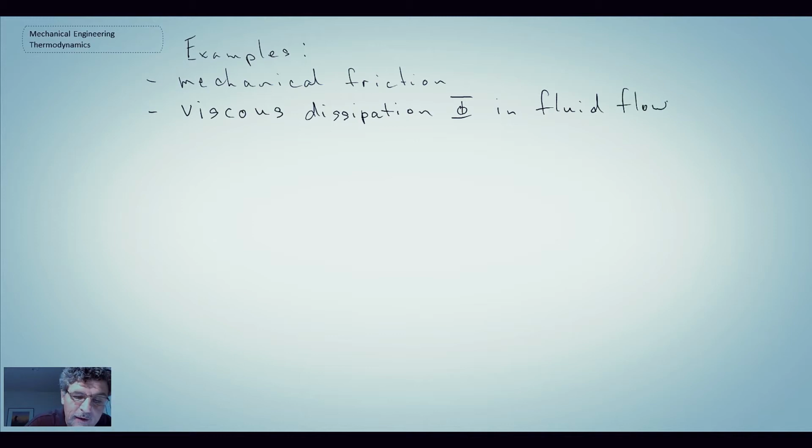An example of that would be pressure drop in pipe flow. Pressure is a form of mechanical energy. The reason why the pressure is dropping is because of that mechanical energy, there is velocity shear within the pipe flow, and that velocity shear then eventually makes its way into thermal energy.